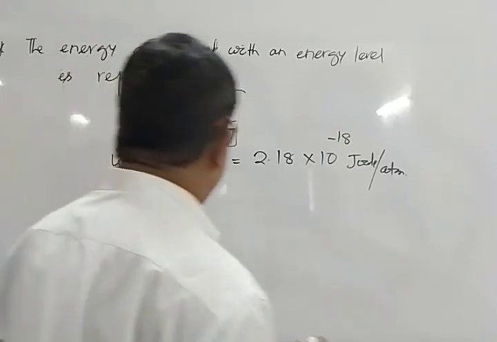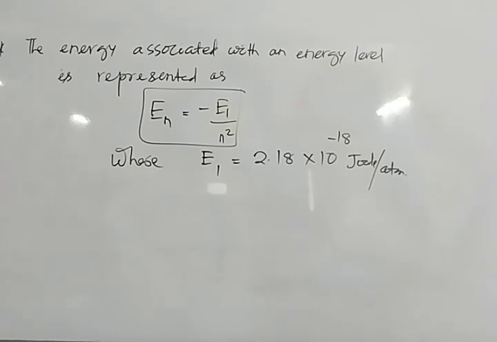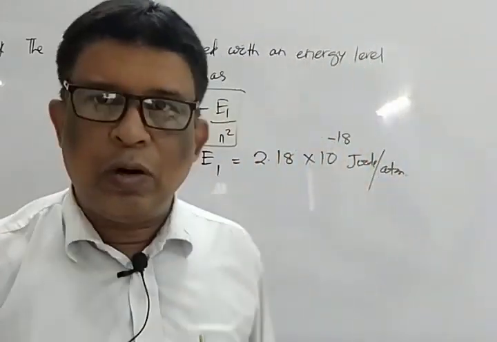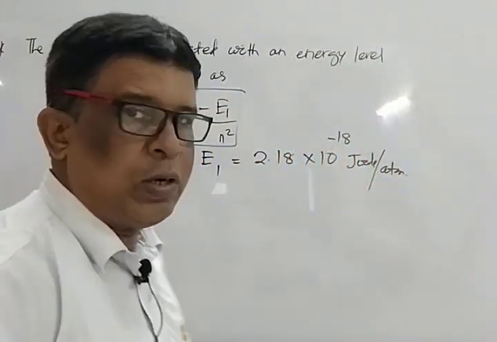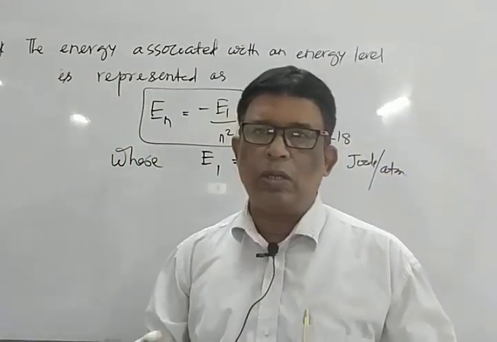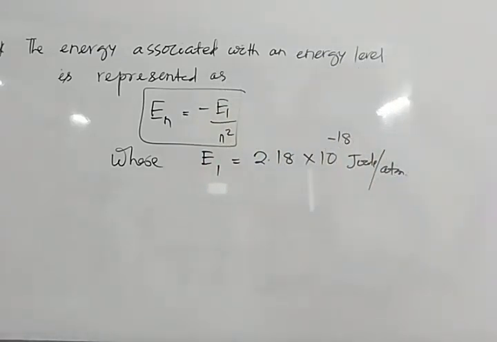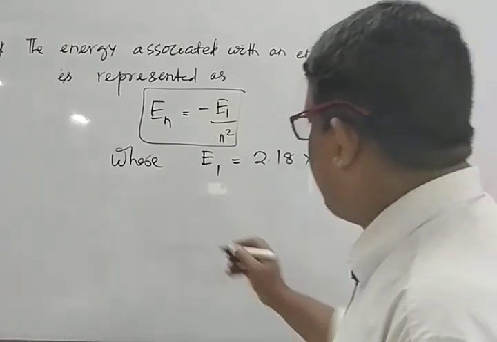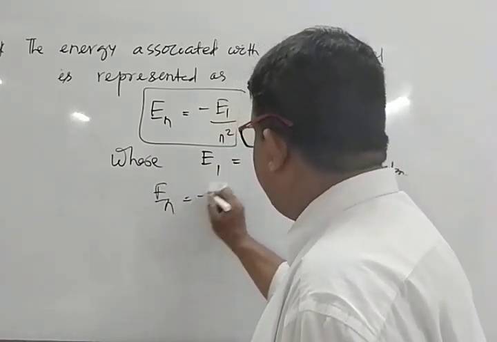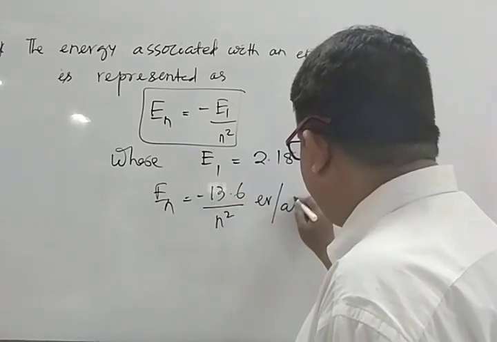Mark that, the expression for calculating the energy of the first cell, E1, is equal to 2.18 into 10 to the power minus 18 joule per atom. If we represent this energy in a different way, in electron volt per atom, then it is En equal to minus 13.6 by n square electron volt per atom.